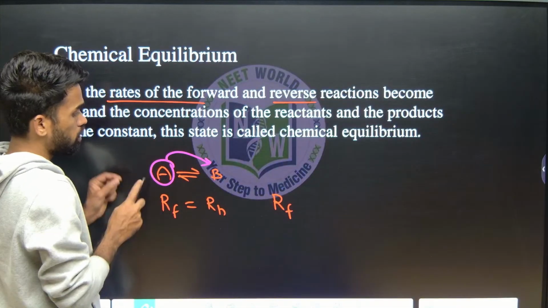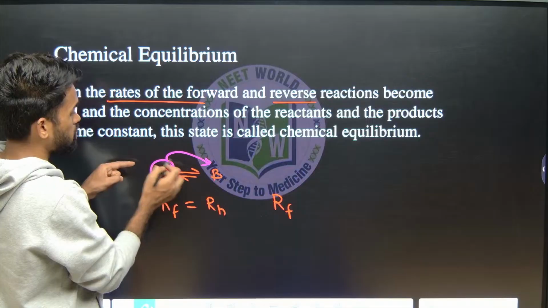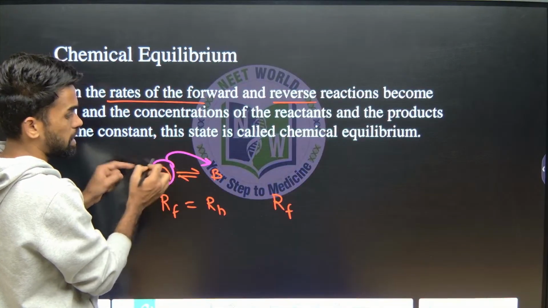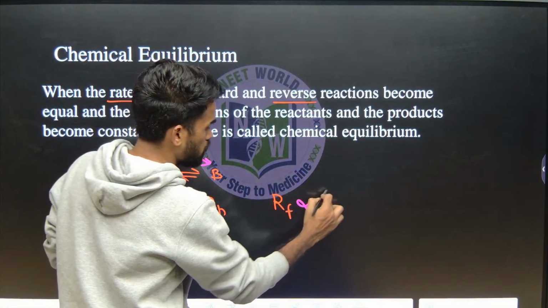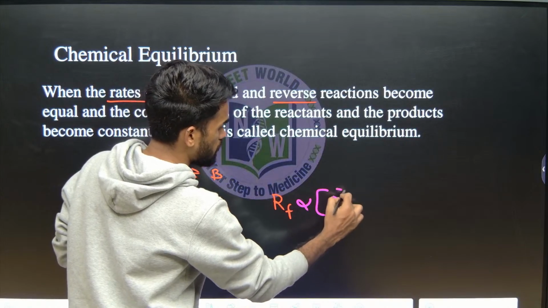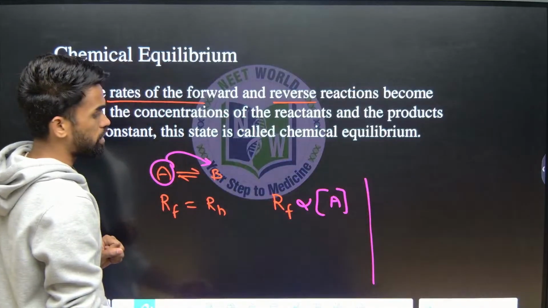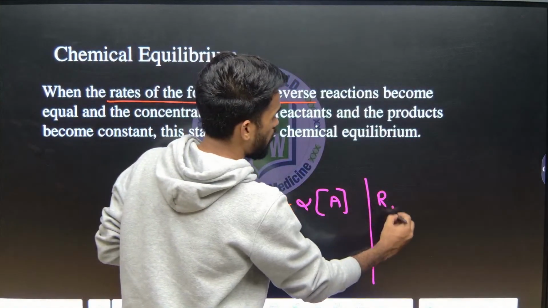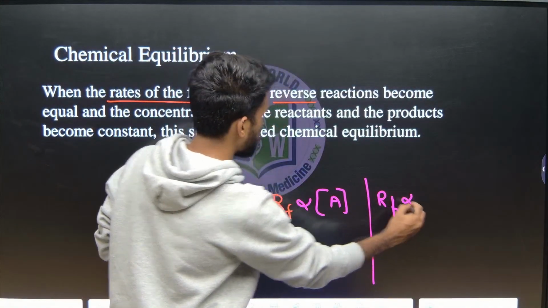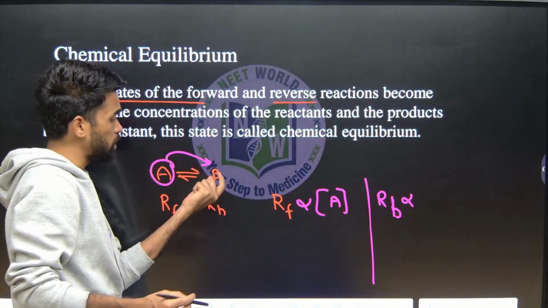The rate of forward reaction depends on the concentration of the reactant molecule, that is, it is directly proportional to the concentration of reactant molecule A. Similarly, what about the rate of backward reaction? For a backward reaction, the reactant molecule is now moving from here to here.